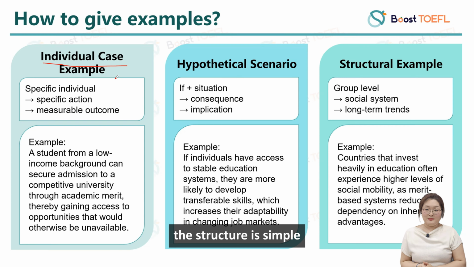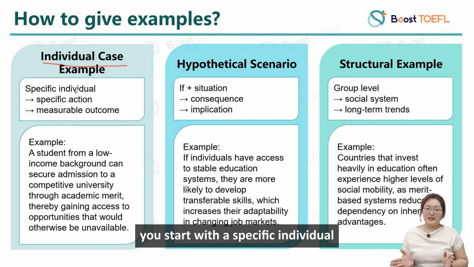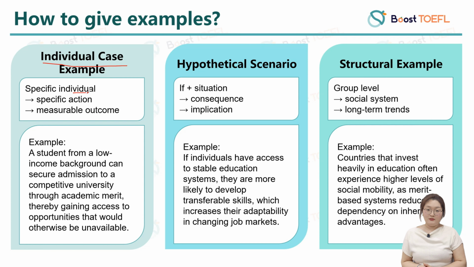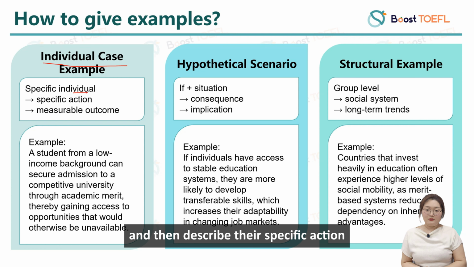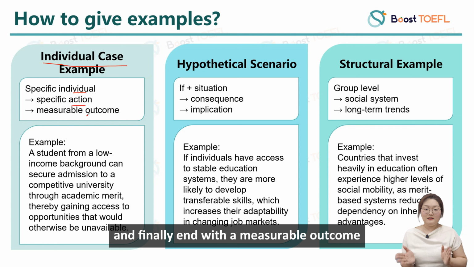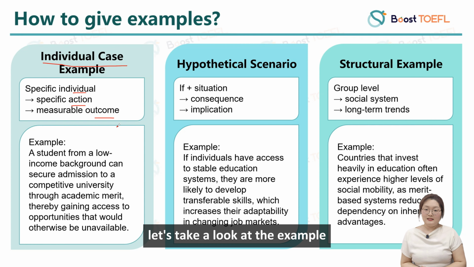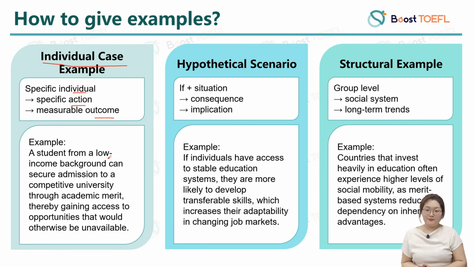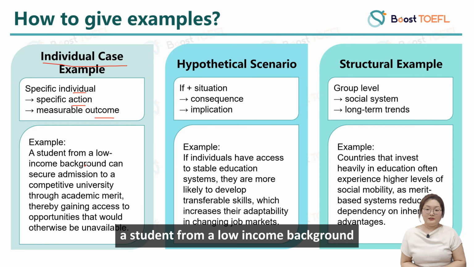The structure is simple. You start with a specific individual, and then describe their specific action, and finally end with a measurable outcome. Let's take a look at the example. A student from a low-income background.